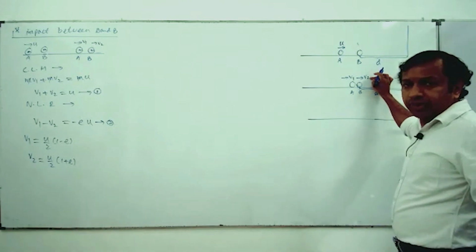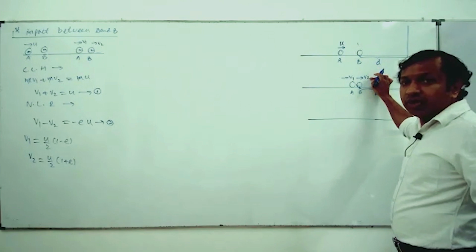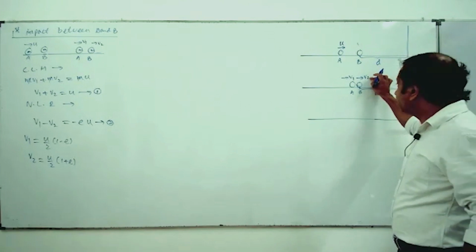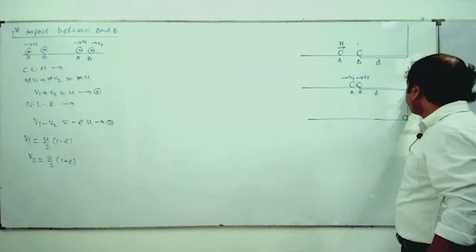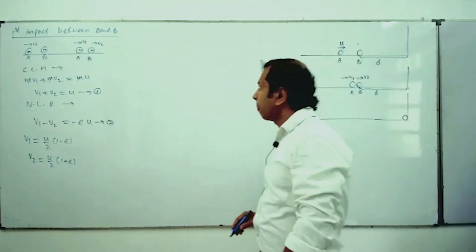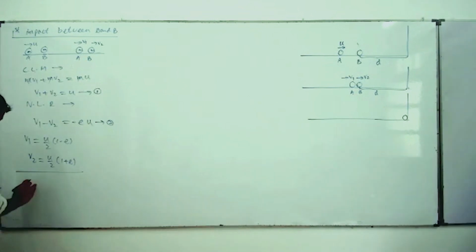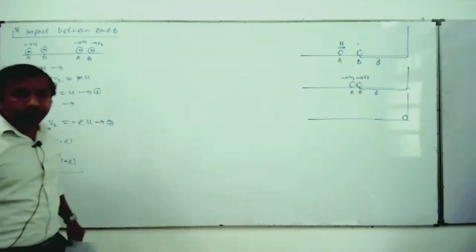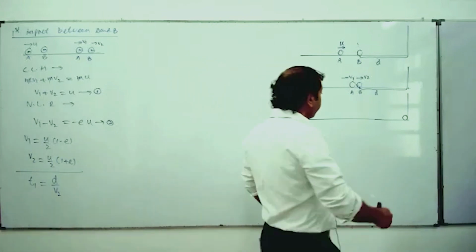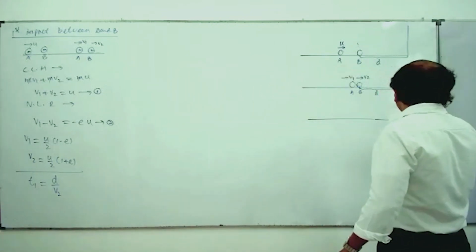Time is displacement divided by velocity. If I take the time taken by B to reach the wall as T1, what is that T1? T1 is D divided by V2. Okay. Then we come to the wall.